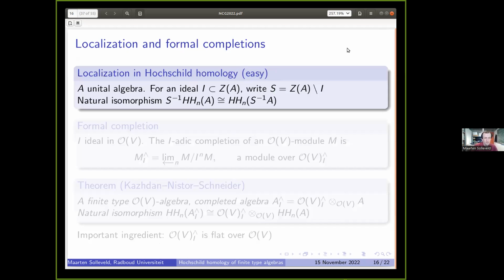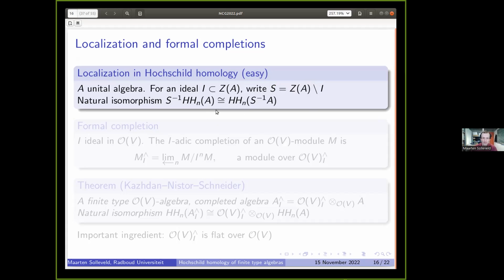Okay. So now let's move towards my goal in this talk about comparing algebraic and smooth versions. So one simpler version of this is localization. This can be done purely algebraically. You take a multiplicatively closed set of the center. Let's say for instance it's the complement of some ideal.